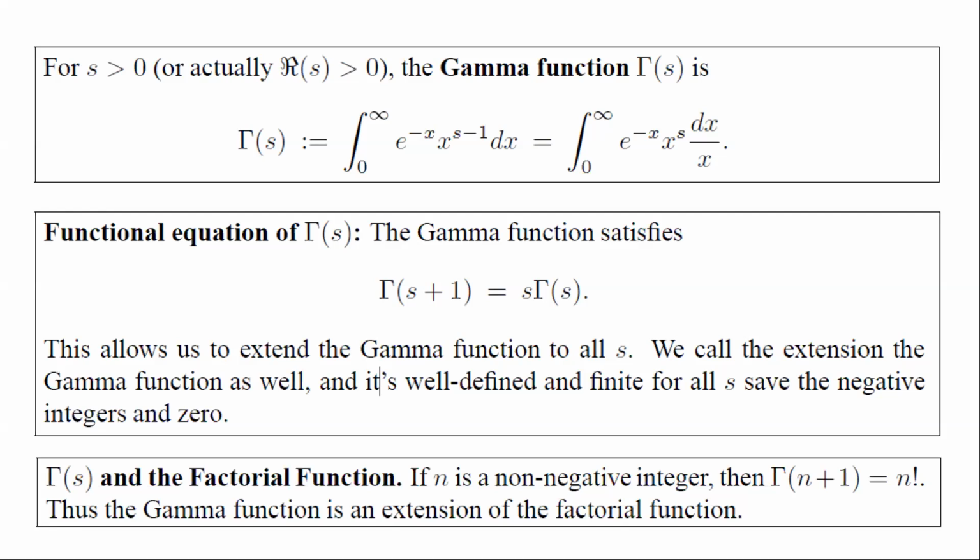We've seen that we can generalize the factorial function through the gamma function as the integral of e to the negative x, x to the s minus 1. It's convenient sometimes to view it as dx over x, because if I change variables and replace x with 5x, the 5 cancels in the numerator and the denominator. This measure is invariant under the change of variables by rescaling.